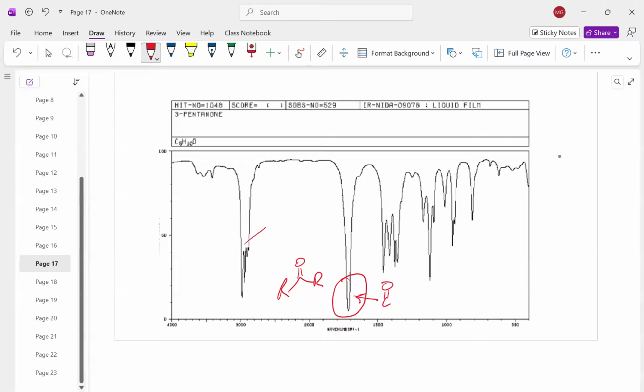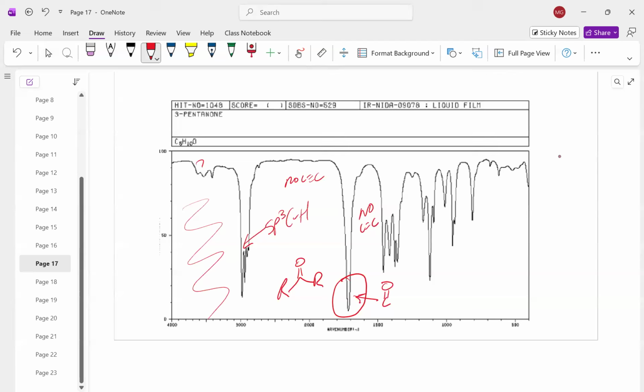And notice what else we have in this structure is our typical sp3 carbon hydrogen. If I ask you, do I have any carbon-carbon double bonds? Well, nothing there between 1500 to below 1700. There's no carbon-carbon triple bonds. There's no other types of hydrogen groups.